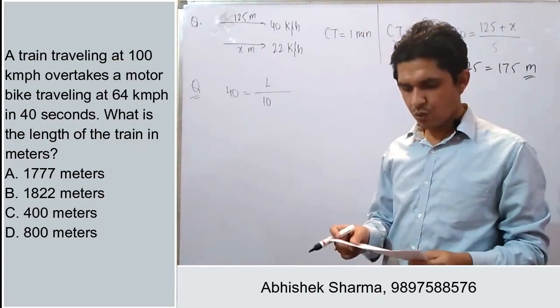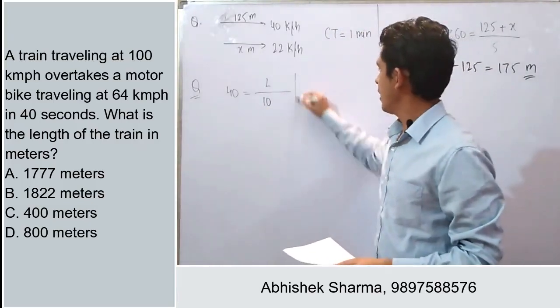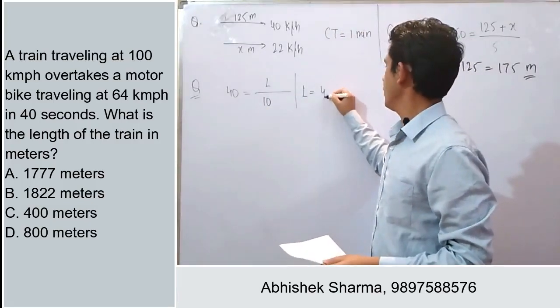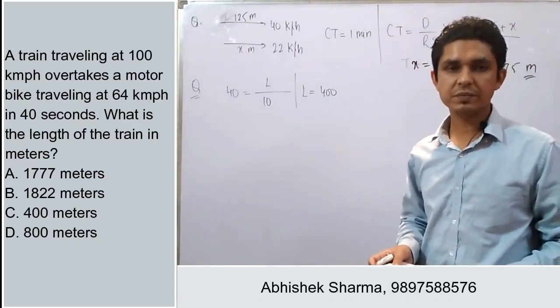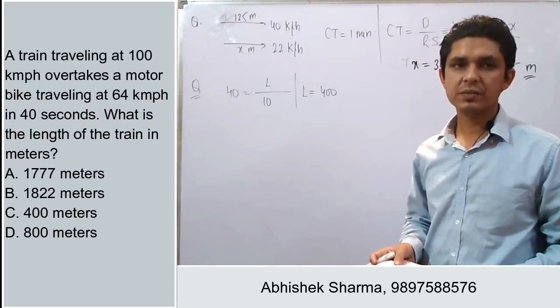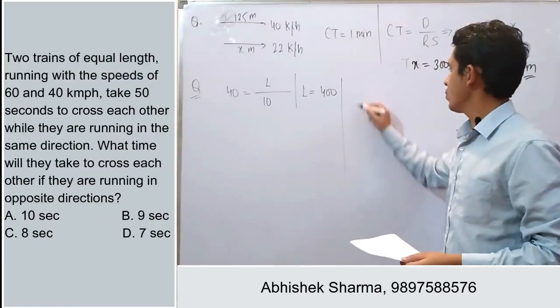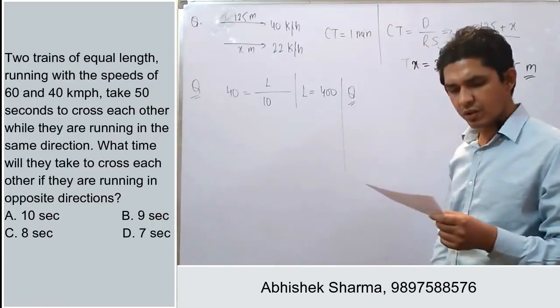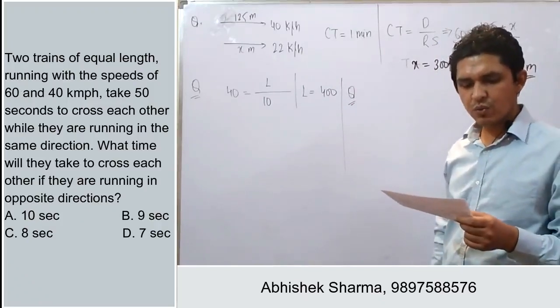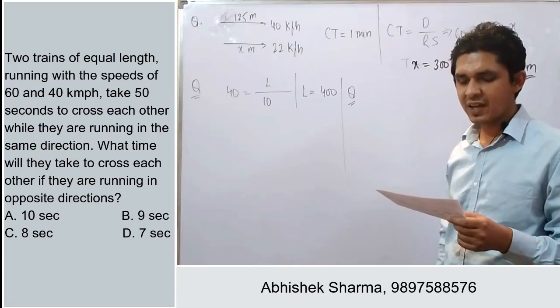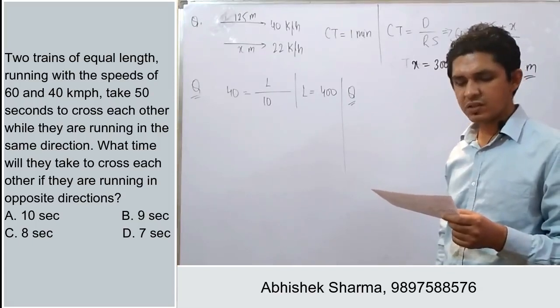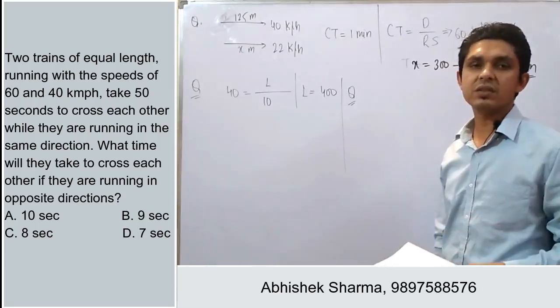Right? So while calculating the length of the train, the length of the train will be 40 multiplied by 10, that is 400. Right? Okay, coming to the next question, question number 3. The question is, two trains of equal lengths running with the speed of 60 and 40 km per hour take 50 seconds to cross each other while they are running in the same direction.